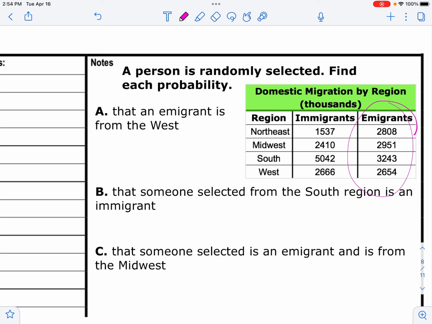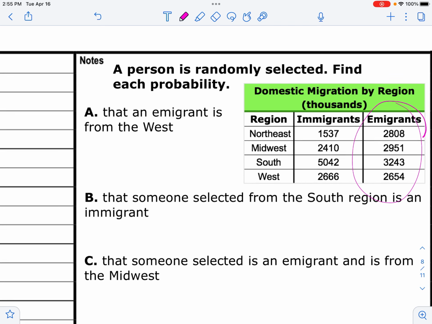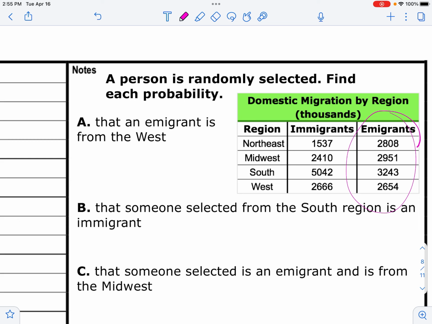So we want to first know what the total is there. So I want to add up that column first. If you do that, you should get here on my calculator, I got 11,656.